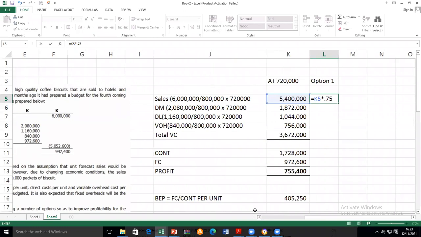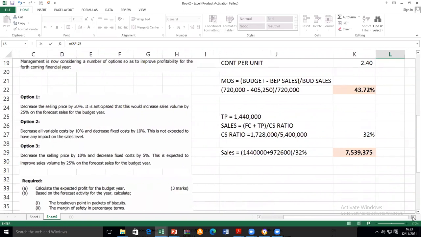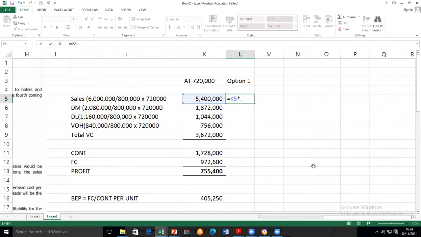Let's just make sure that I'm doing the right thing. 20%, 80%. So I multiply this by 0.8. But what is happening to the volume? Will it remain the same?